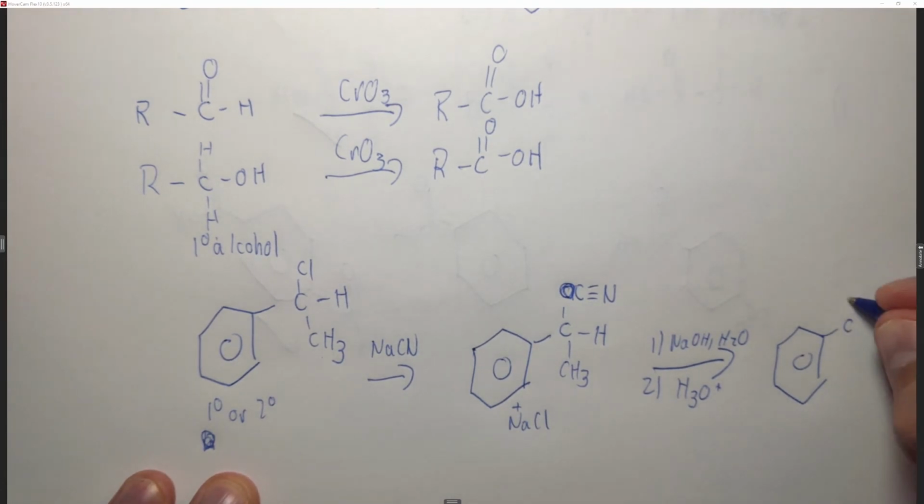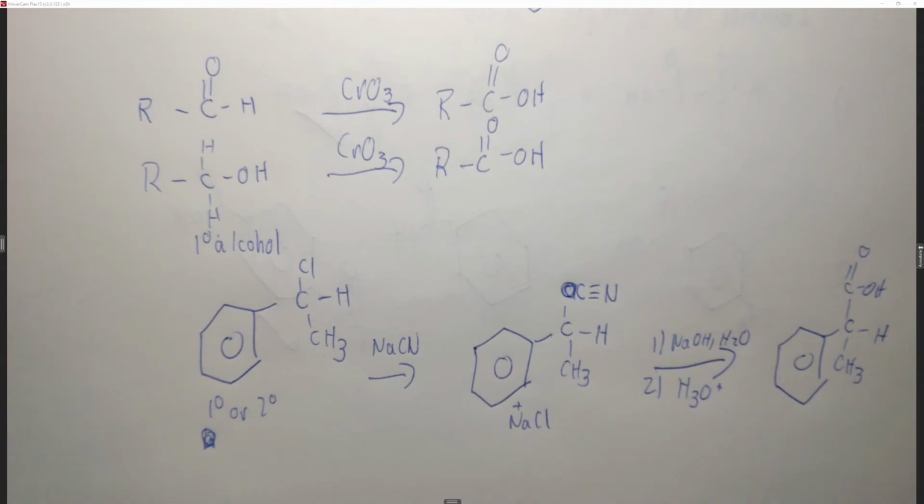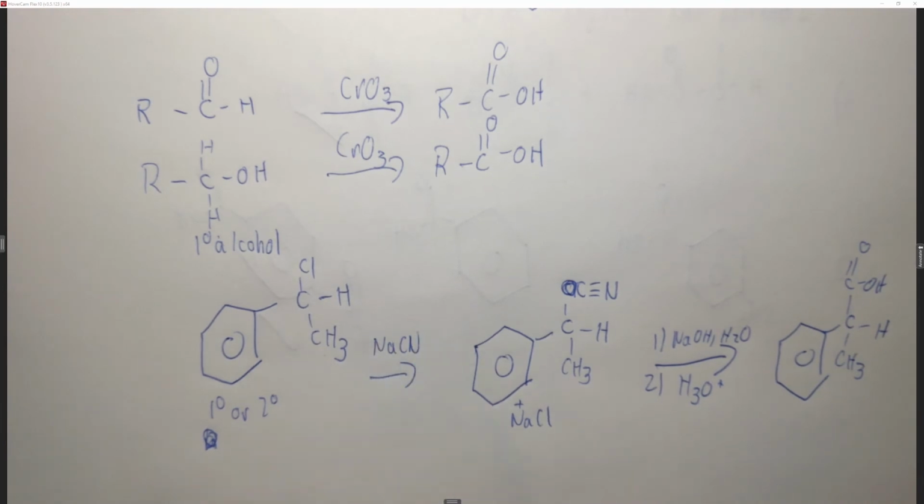And again, we will show that mechanism a little bit later on in this chapter. No sense to show it twice when we're doing videos, so you can watch as many times as you want. So this allows us to go from alkyl halides to carboxylic acids through a nitrile using sodium cyanide, which again is a nasty chemical.